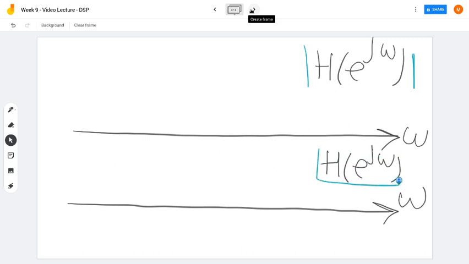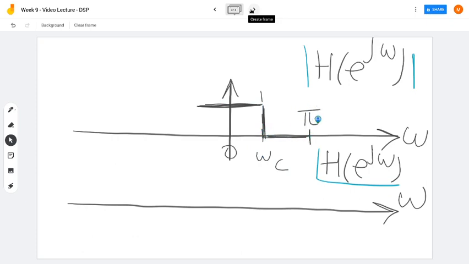Okay, so first part, for the magnitude, it's a low-pass filter, so it will allow the lower frequencies around 0 to pass up to a certain cutoff frequency omega c, and then it will kill the frequencies after omega c up to pi.